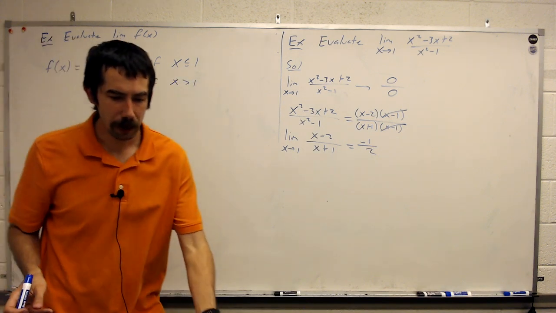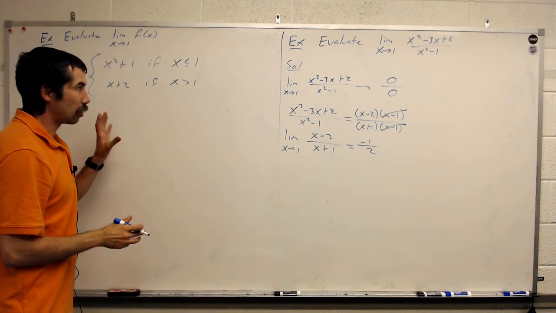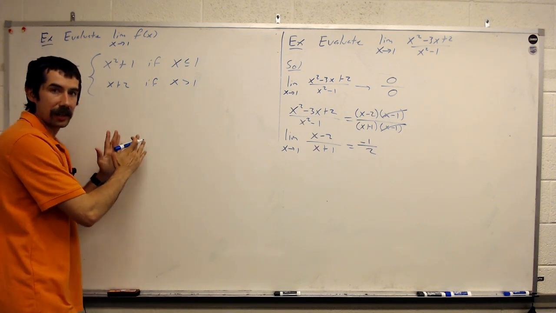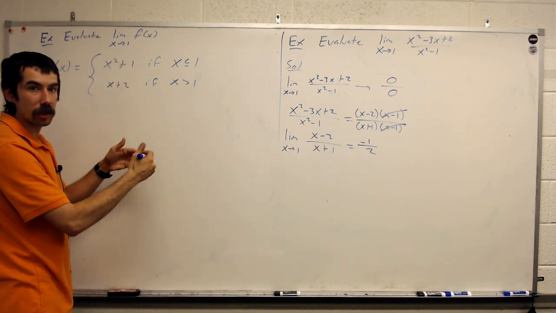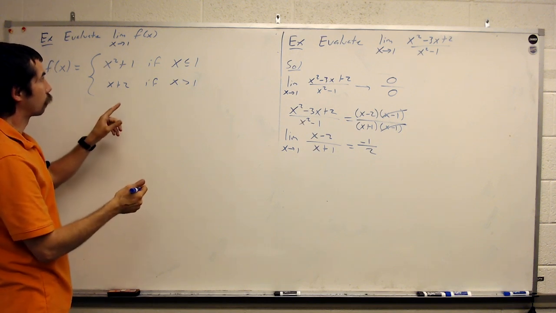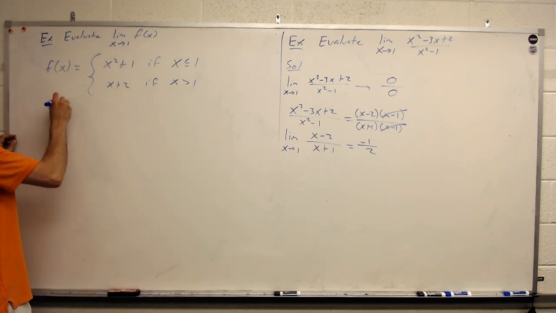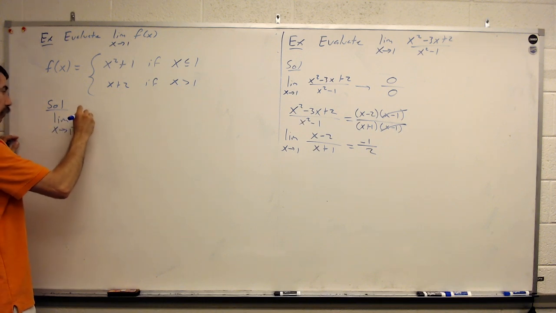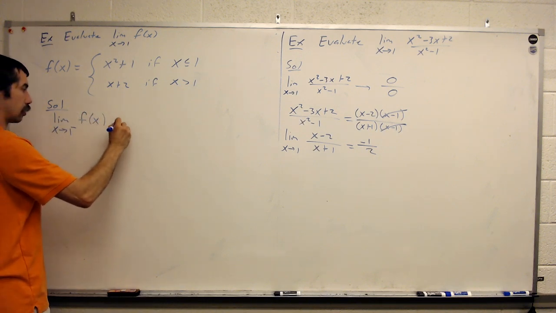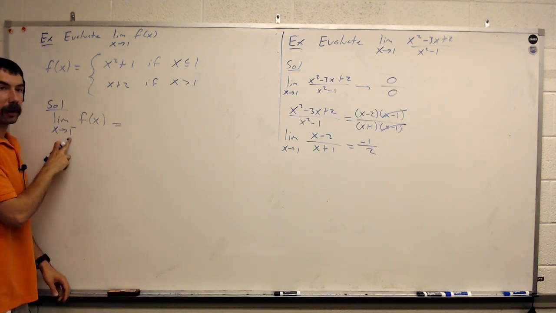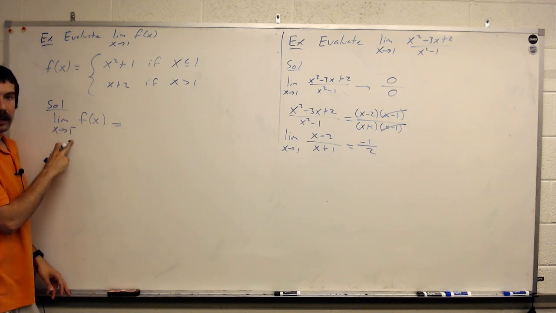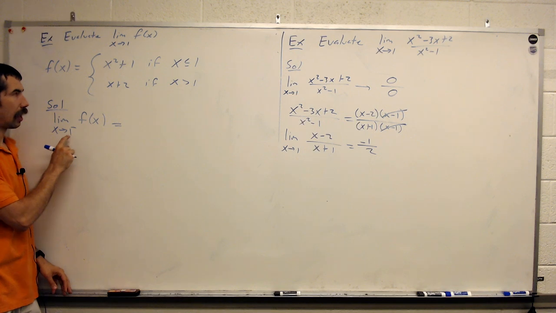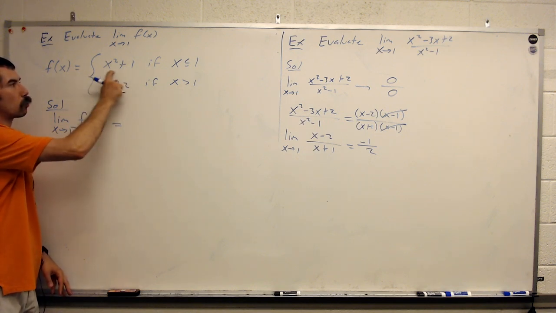Okay, so to evaluate this limit, when you have a piecewise function, we need to evaluate a left-hand limit and a right-hand limit and see if those are the same values. So let's evaluate the limit as x goes to 1 from the left of f of x. Remember, when we're evaluating the limit from the left, that means we're subbing in values of x that are slightly smaller than 1. We're going to be using this rule.